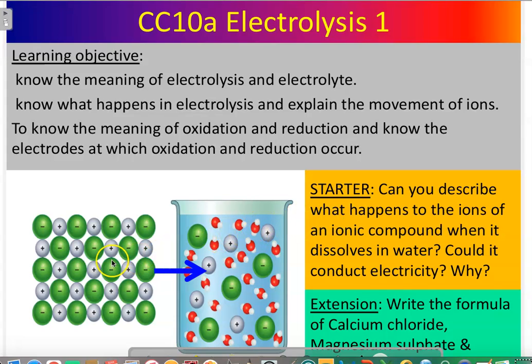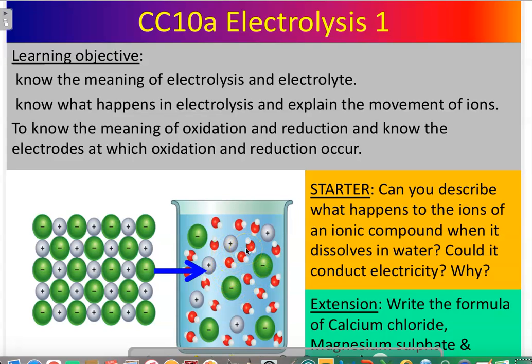When ionic compounds are solid, the ions are held in the bonding, so they are not free to move. However, once they dissolve in water, like this picture on the right here, the ions are free to move around, and therefore they are able to carry charges.